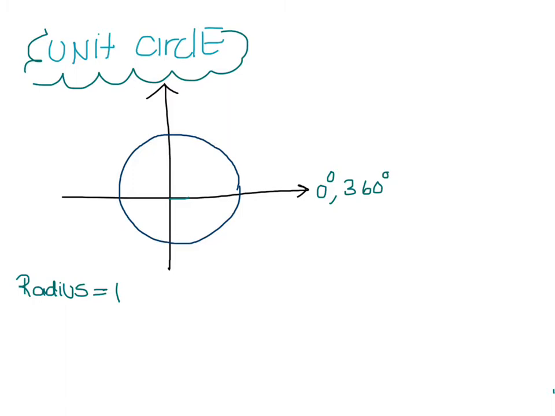And we know that when we measure an angle of 360 degrees, it actually creates a circle. But in this tutorial, we're actually only concerned with quadrant 1 because we're dealing with exact values of angles that are less than 90 degrees.